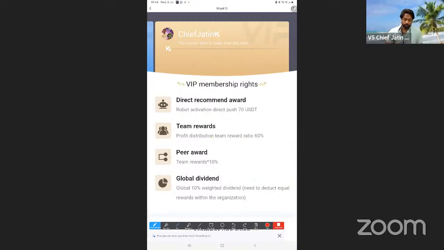Okay. So now there's additional income here, which is global dividend. When you become a V6, you do not earn from your team only. You act like a partner of Royal Q. You will be earning from all the tradings and all the subscriptions happening across the globe in anybody's team.